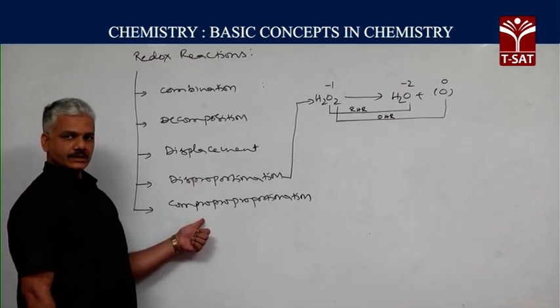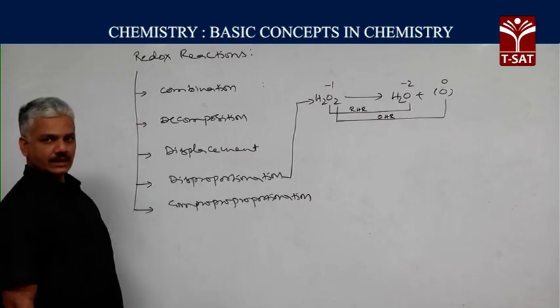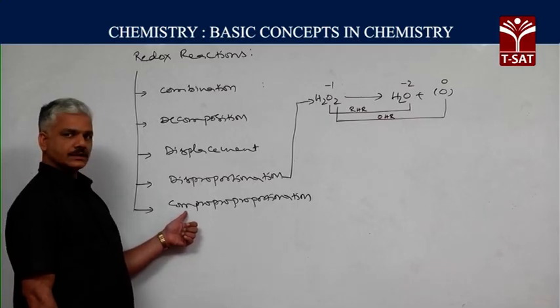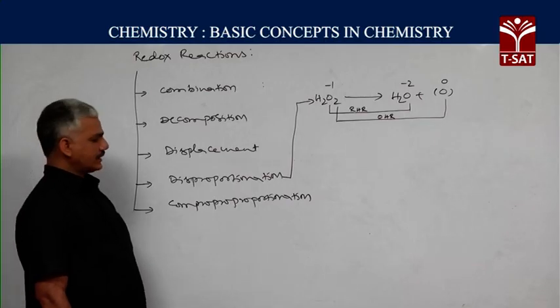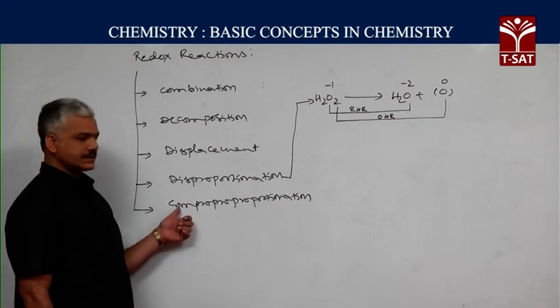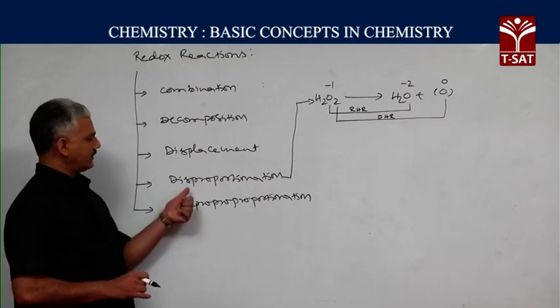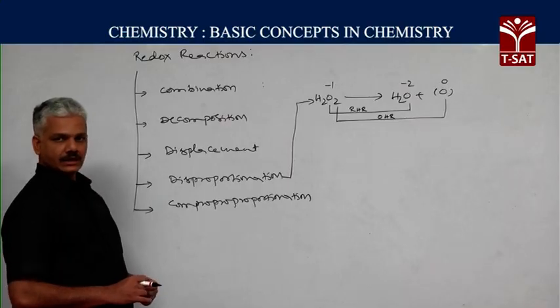Comproportionation reaction is quite the opposite of a disproportionation reaction. In this type of redox reaction also the same substance undergoes both oxidation and reduction. The difference is that the substance undergoing both oxidation and reduction will be present on the product side, whereas in a disproportionation reaction it will be present on the reactant side.